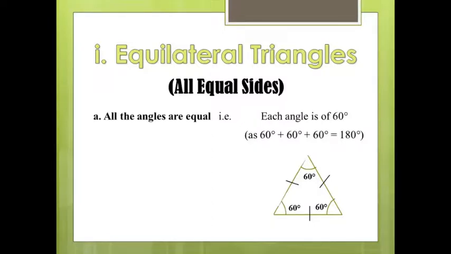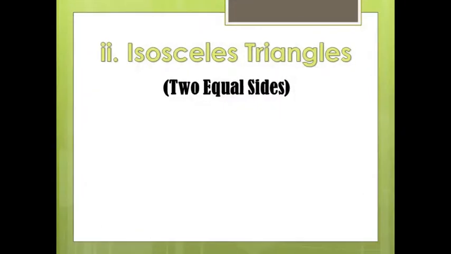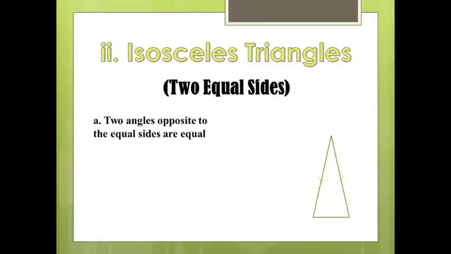Second one, isosceles triangles. In this triangle, you know that we have two sides equal to each other and one side is unequal, like the triangle drawn on the right corner. In this, the first property is that two angles opposite to the equal sides are equal.